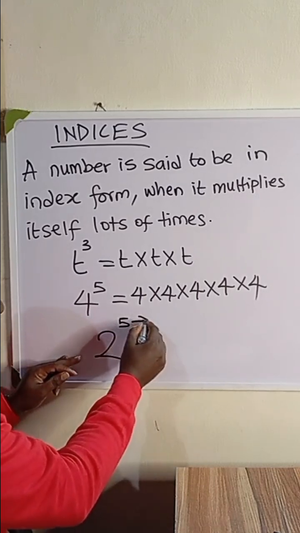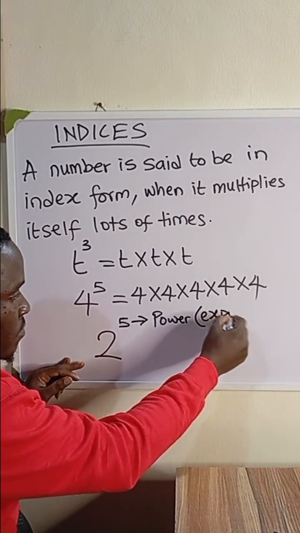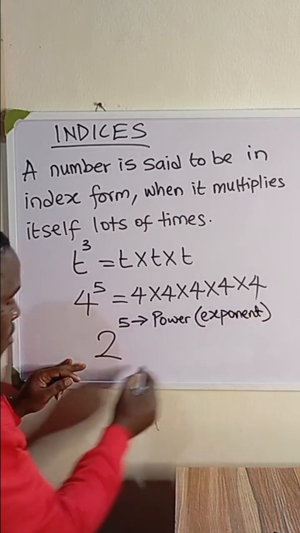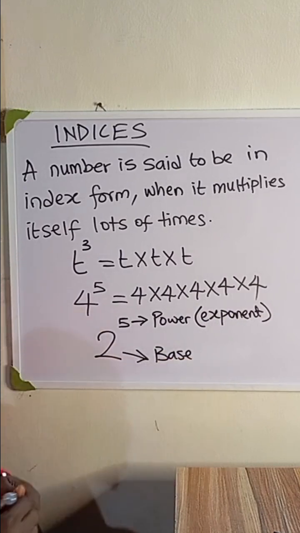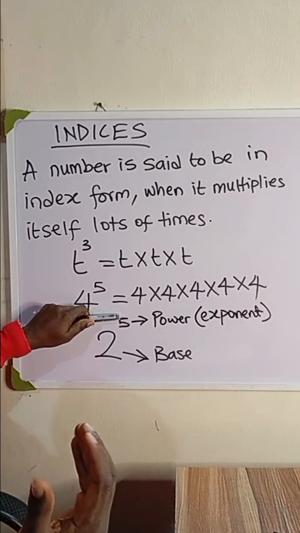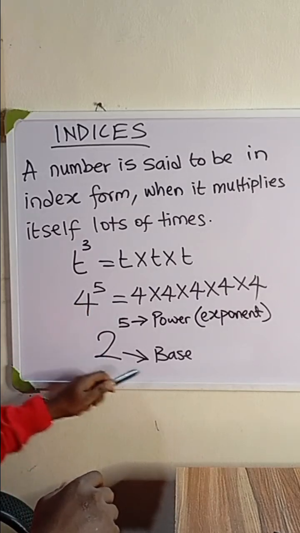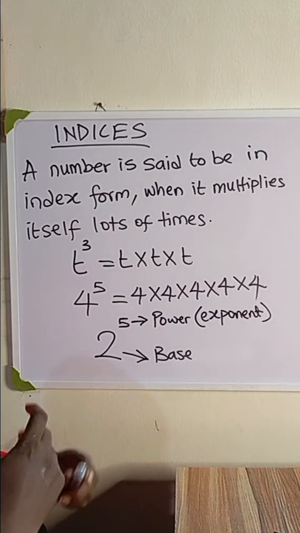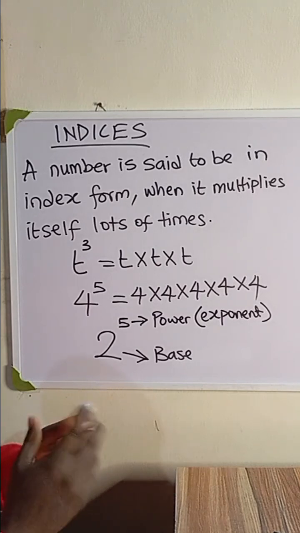This number here is called the power or exponent, while this other one is called the base. Okay, so take note of this. The smaller one at the top is called the power or exponent, while this one over here is called the base. So as we go along, we're going to see how these two interplay with each other.